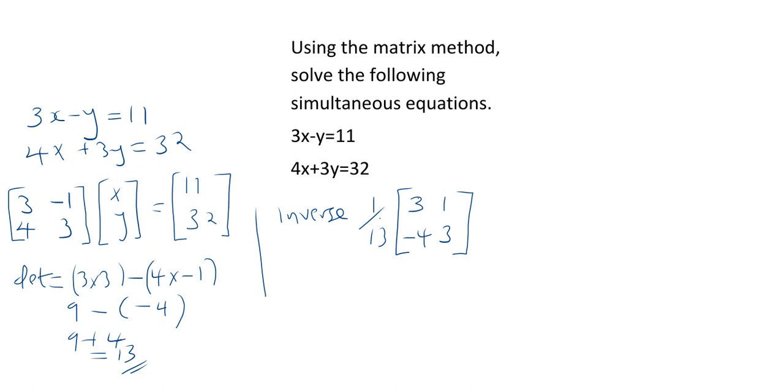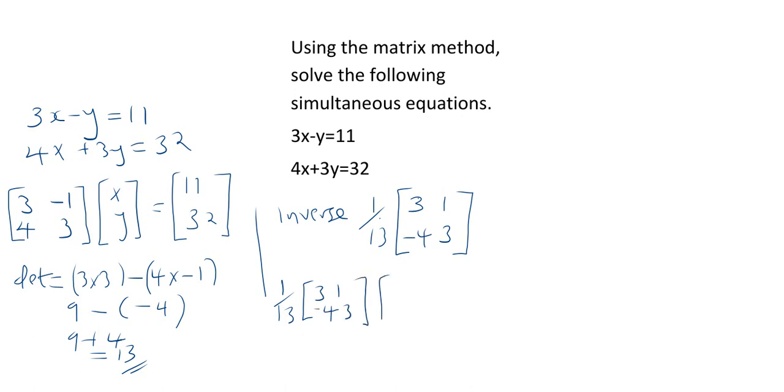Then we multiply with this inverse both sides. So when we do that, we shall have 1 over 13, 3, 1, -4, 3.